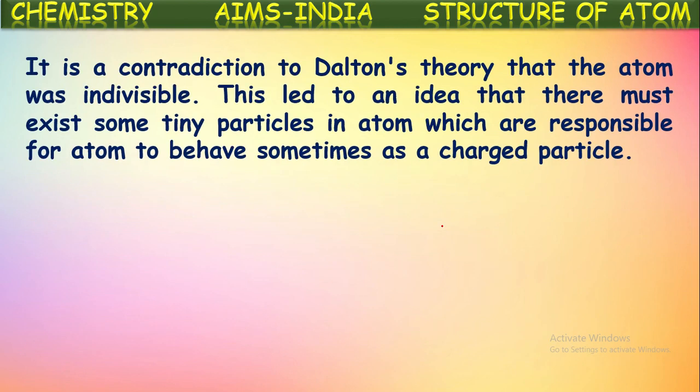It is a contradiction to Dalton's theory, because Dalton said that the atom is an indivisible particle, but atoms are attaining certain charges. This led to an idea that there must exist some tiny particles in the atom which are responsible for the atom behaving sometimes as a charged particle.